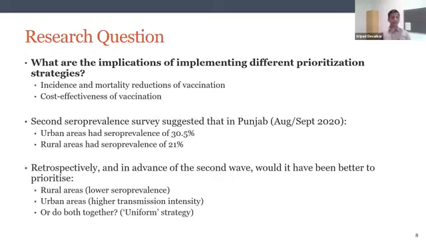So the seroprevalence methodology is: at the end of a pandemic wave, or in the middle of one, the government creates a sampling frame and tests people, segregated across age, gender, and urban and rural areas, for antibodies.